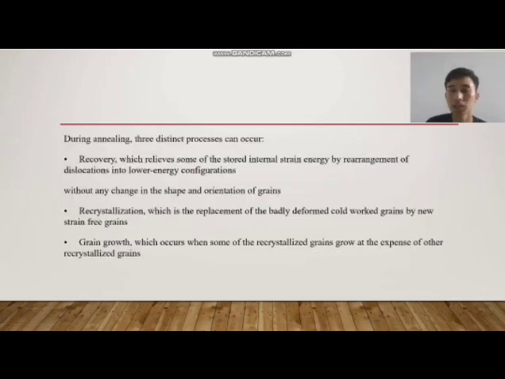During annealing, 3 distinct processes can occur. Recovery, which relieves some of the stored internal strain energy by a rearrangement of dislocations into lower energy configurations without any change in the shape and orientation of grains.